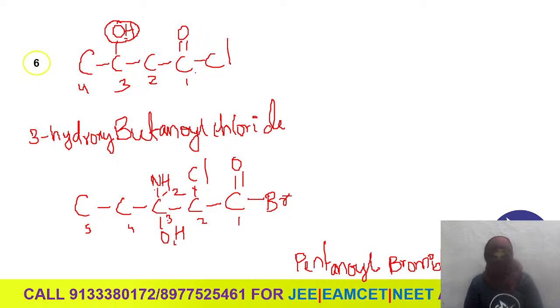So hence, A for amino, H for hydroxy, C for chloro. What comes first? Amino comes first in terms of alphabetical order, because A comes first, then C for chloro, then H for hydroxy. Hence, I will be writing amino first, where the amino is located at 3 position. Hence, the compound name is 3-amino, then C for chloro, at 2 chlorine is there, 2-chloro.